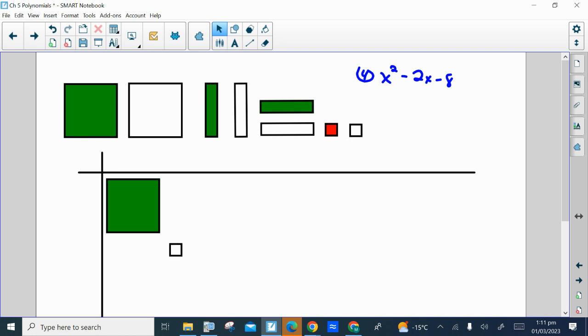And again, you're going to create a rectangular shape. Eight negative 1 tiles. So there's two options here. It can be 4 wide and 2 high, or it can be 2 high and 4 wide.